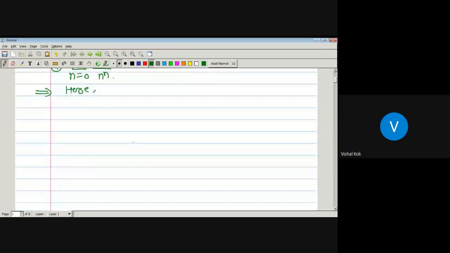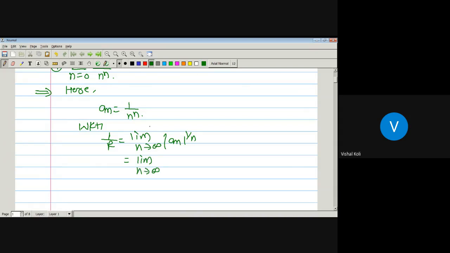Yes, here a n is nothing but 1 upon n to the power n. And we know the radius of convergence: 1 by r is equal to limit n tending to infinity of modulus of a n to the power 1 by n. As this is positive, we can take the modulus of a n, which is 1 upon n to the power n, all raised to the power 1 by n.